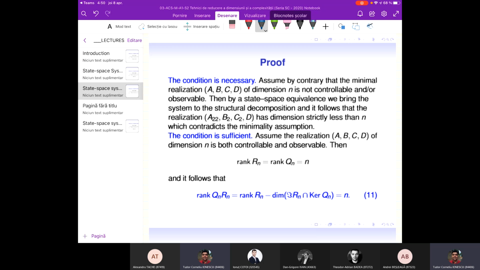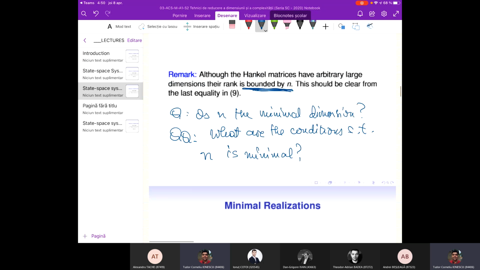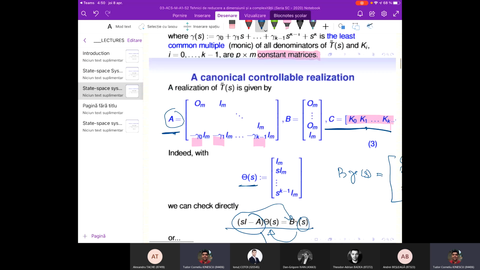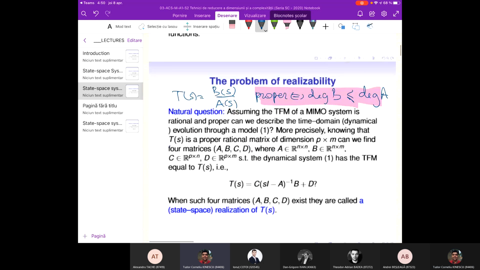Hence the realization, we call it A22, B2, C2, D, from the structural decomposition. Let's see if we have it here, if we recall it. It's a few slides back.